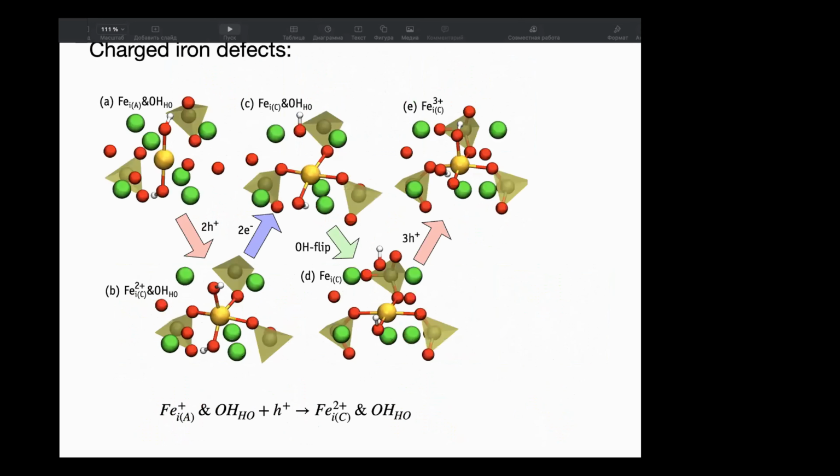And also we calculated charged iron defects, and here, with that hydroxyl group, after optimization, after adding iron, the iron atom comes to the wall of the channel, and when we try to make the backward reaction, it's not going on. It still has the same geometry.